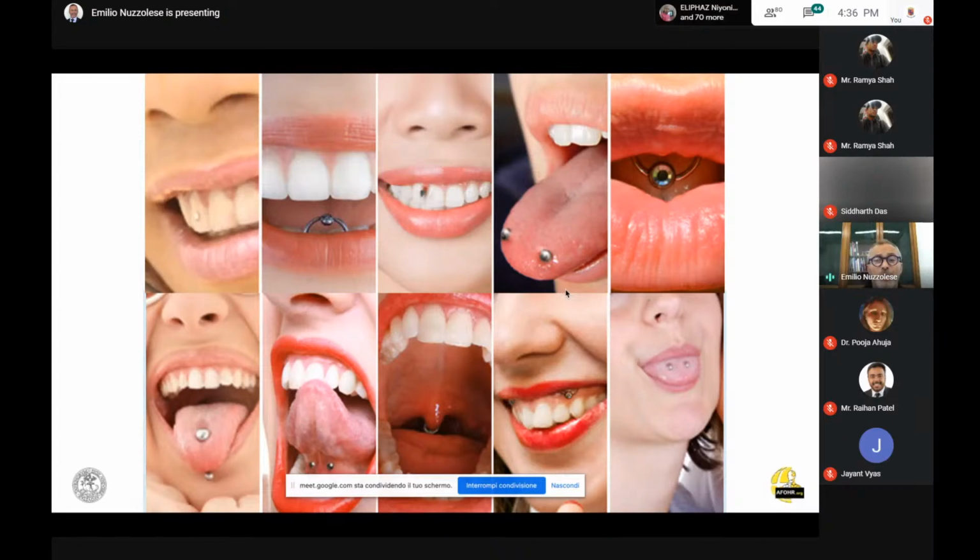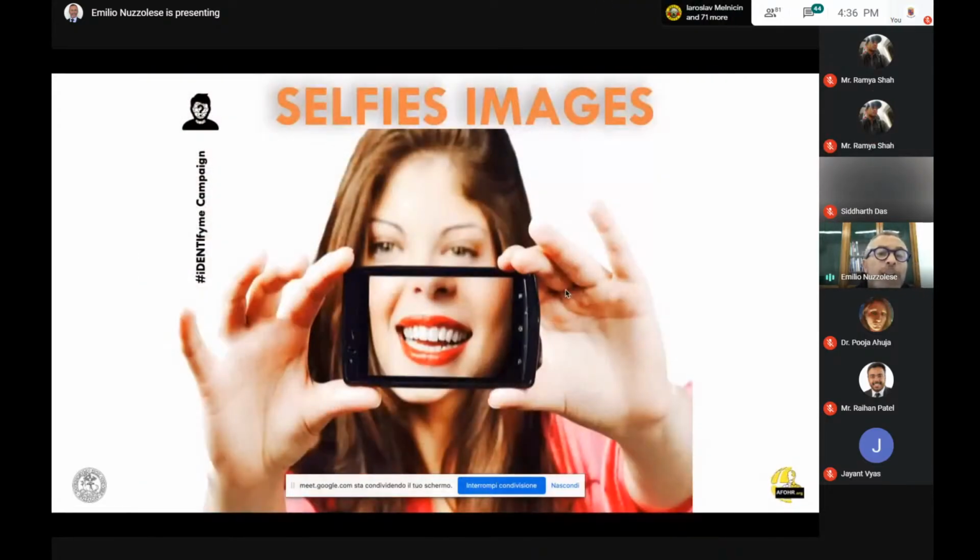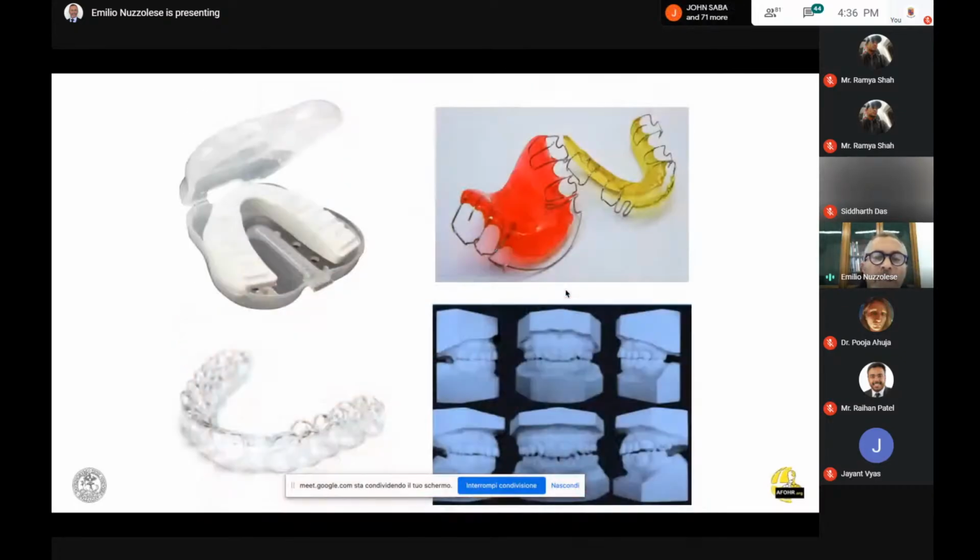We can also use pictures. We can use the characteristics of some features which are in the mouth, as I've shown you with all these piercings. We can also use selfie images showing front teeth. We can also use mouth guards, sports mouth guards, bleaching trays, dental models, orthodontic retainers, and so many other aspects that belong to the mouth that can be used for identifying persons.